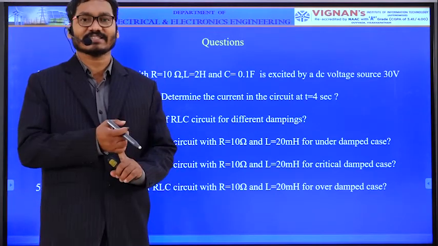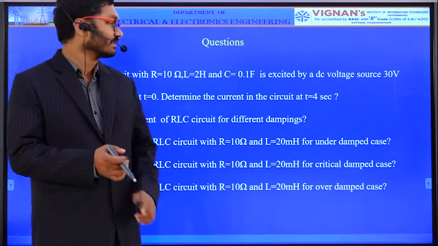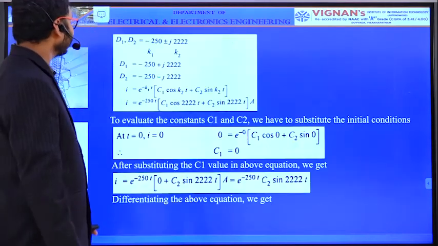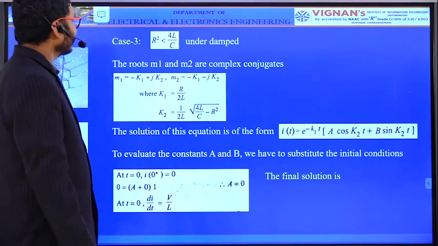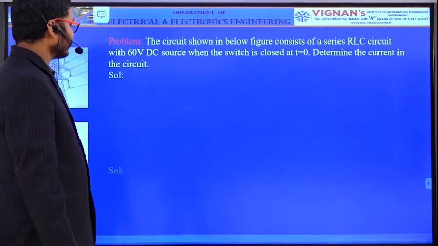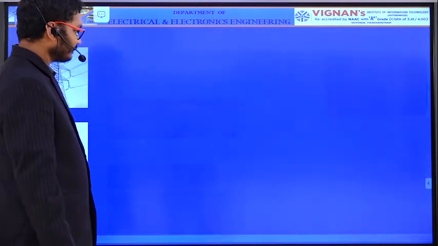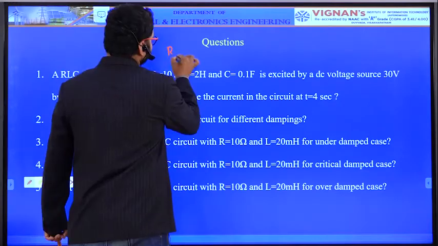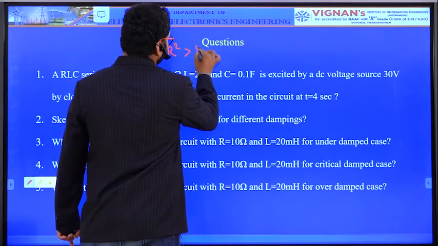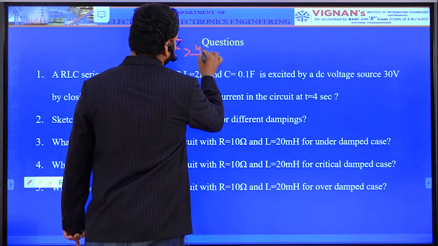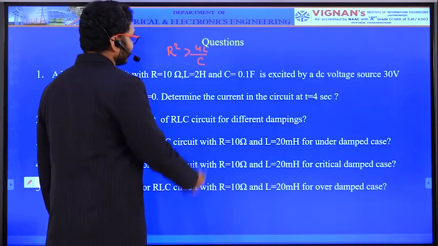Already we have the cases. Previously we got R square equals 4L by C. Suppose R square is greater than 4L by C; this is one case.